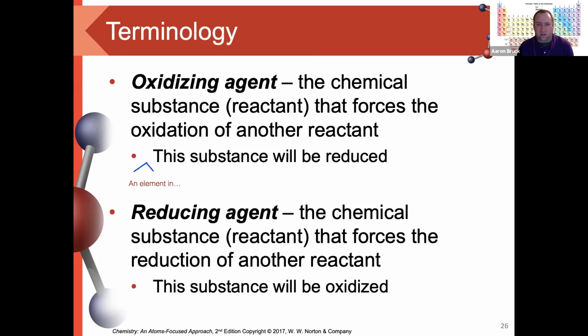And we can do the same thing down here. An element in the reducing agent will be oxidized. So the reducing agent is the reactant that forces the reduction of another reactant.